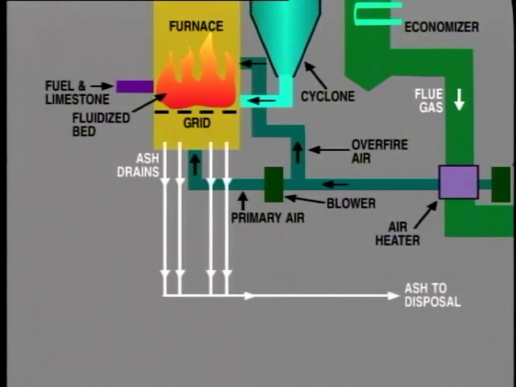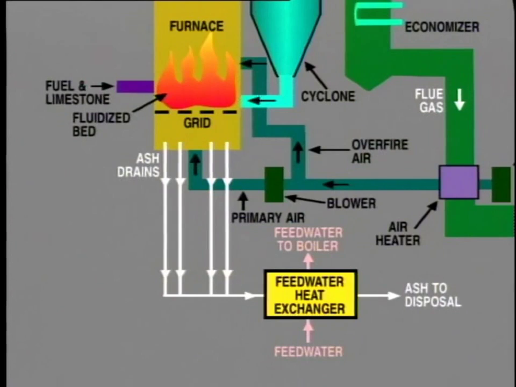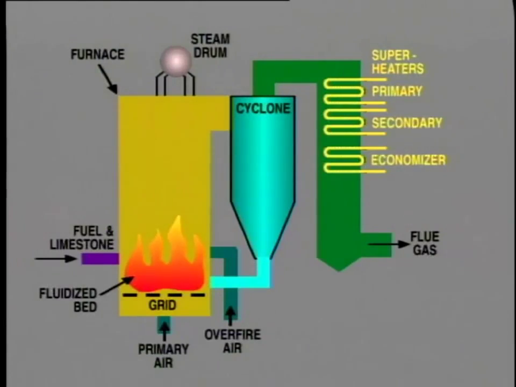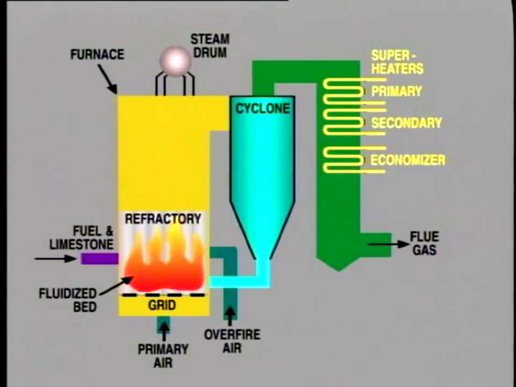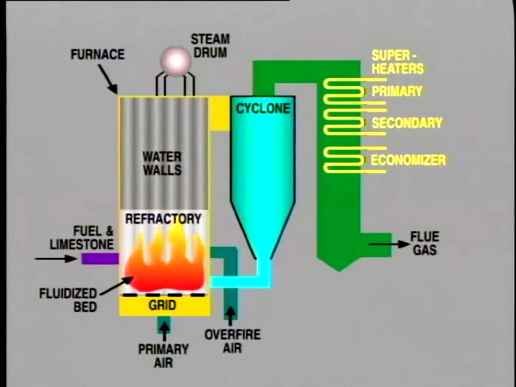Ash is drawn off from the bottom of the bed below the grid through so-called bed ash drains. In many units, heat is recovered from the ash by fitting feedwater heat exchangers in this area. This also serves to cool the ash and make it easier to handle. The lower part of the combustion chamber may often be lined with refractory, but most of the furnace consists of bare water wall tubes.